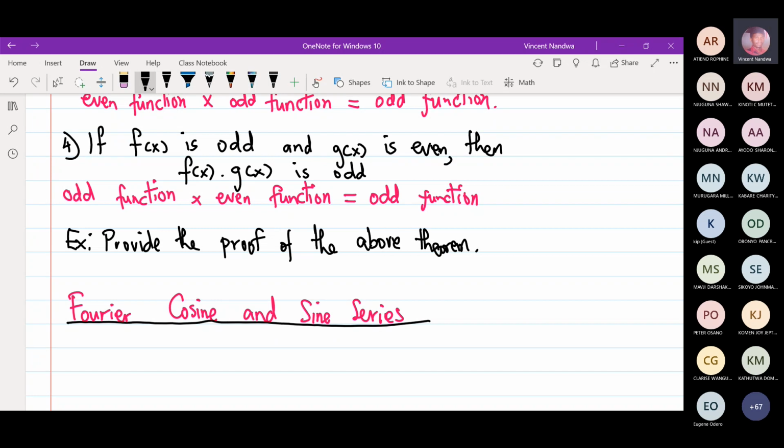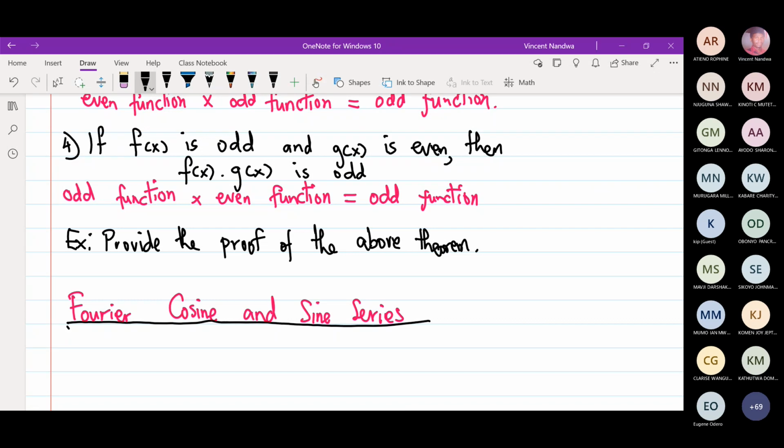And similarly, a Fourier sine series is a series which only involves sine terms. So there are two cases to consider. We start by considering a function which is known to be even, and see how its Fourier series looks, and then thereafter discuss a function which is known to be odd, and see how its Fourier series looks.